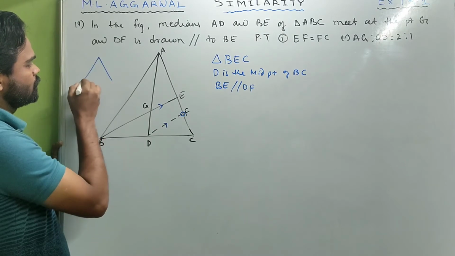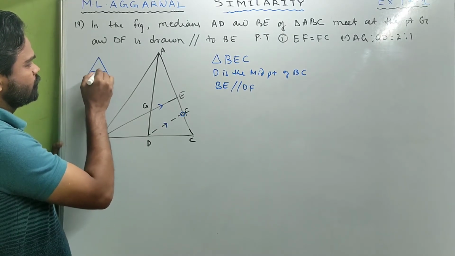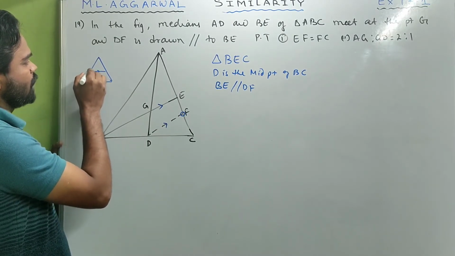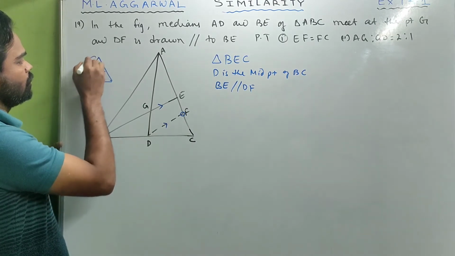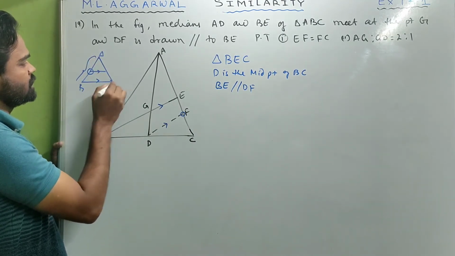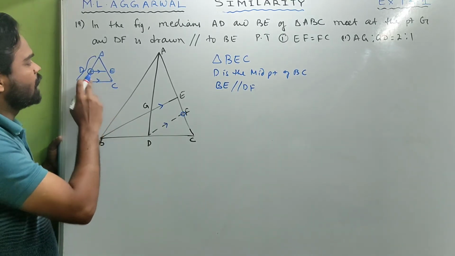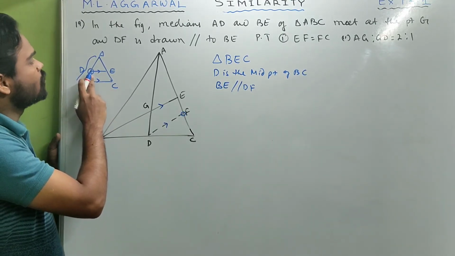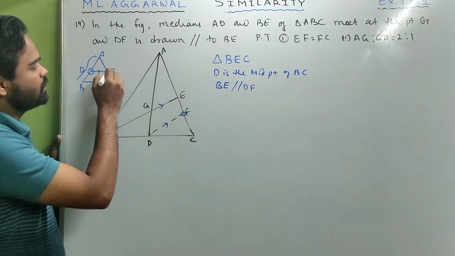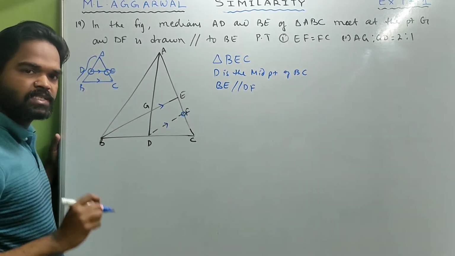Look, suppose we have triangle ABC with D and E. If DE is parallel to BC and D is the midpoint of AB, then E is also the midpoint of AC.